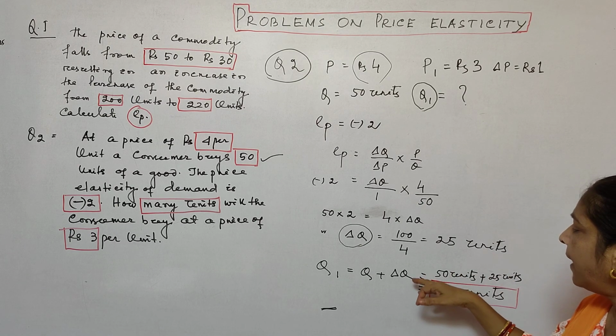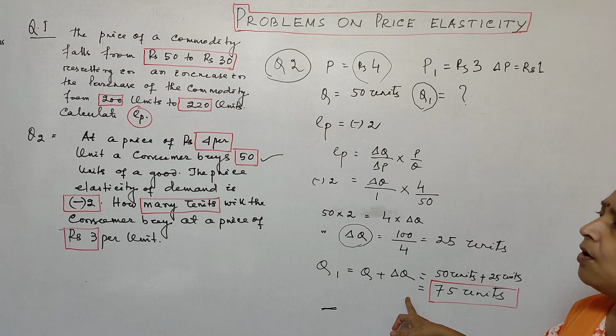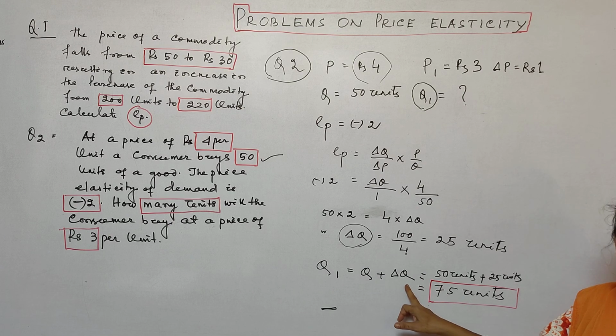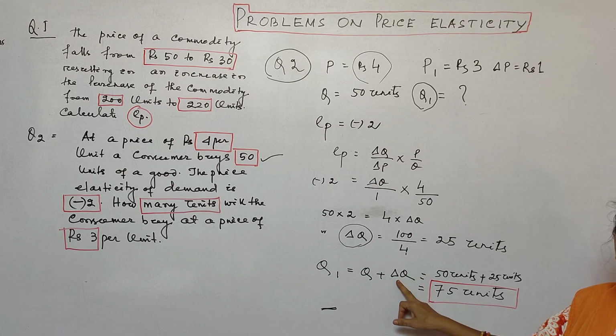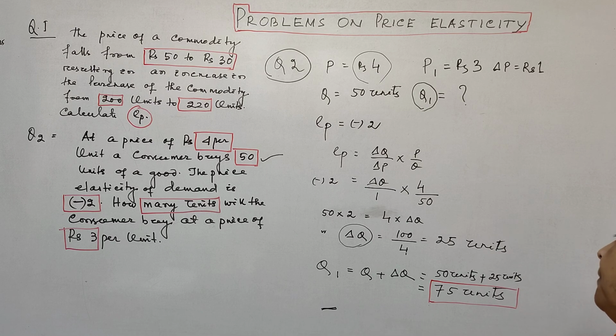That means the final quantity will be less than the initial quantity. What will be the less amount? The minus amount, which is our delta Q. So, friends, you have to remember these two tricks.